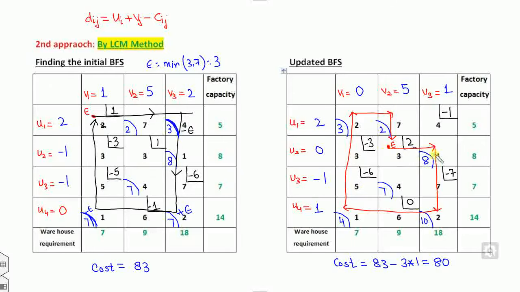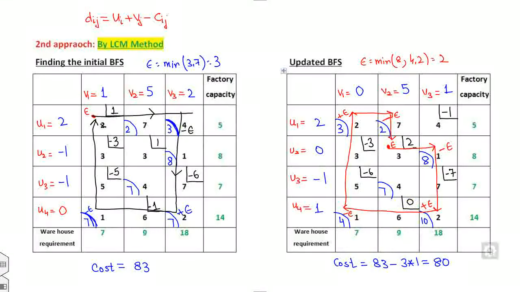So this is plus epsilon, this is minus epsilon, this is plus epsilon, this is minus, this is plus, and this is minus epsilon. So that's the value of the epsilon. So here minus is 8, minus is 4, minus is 2. So the minimum value is 2.